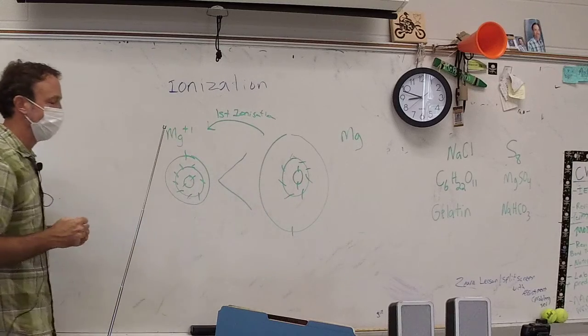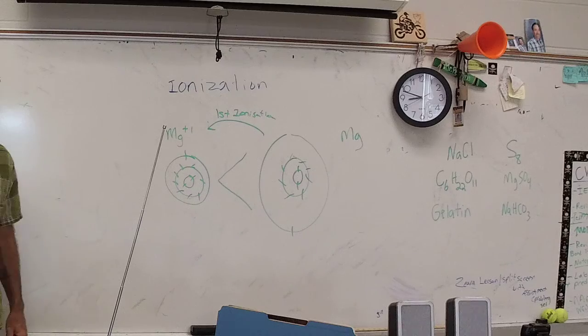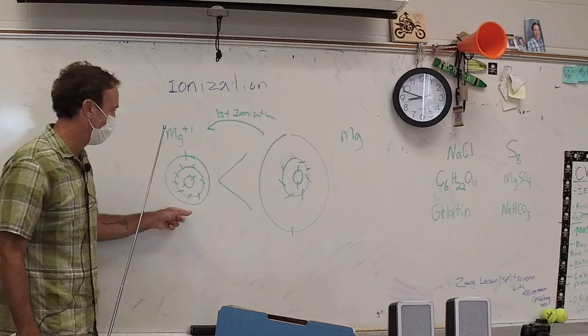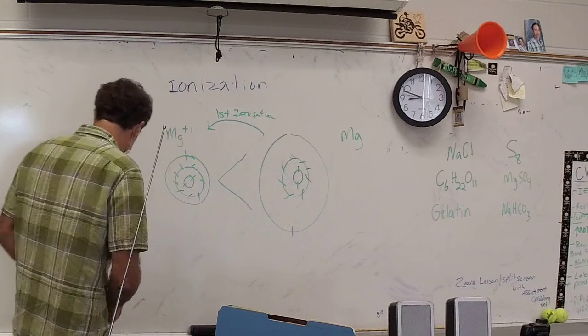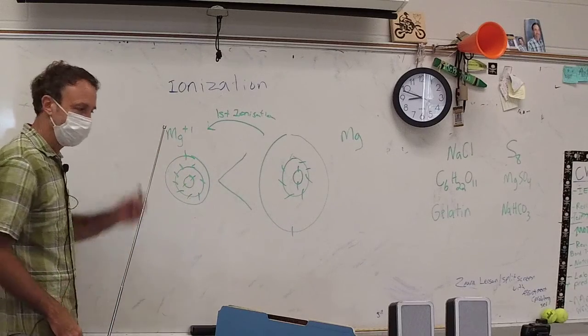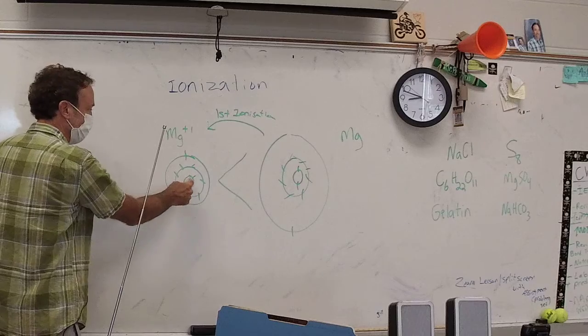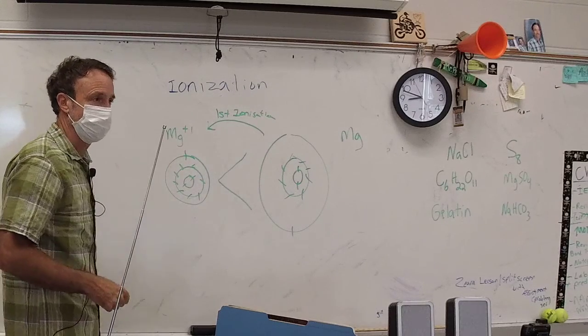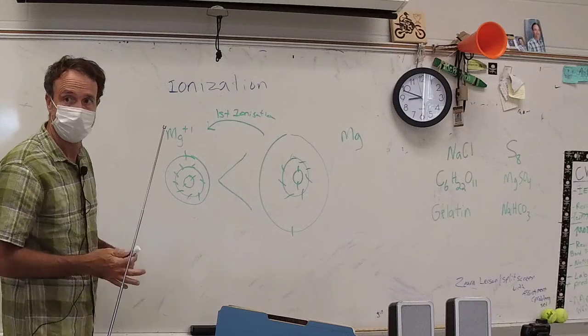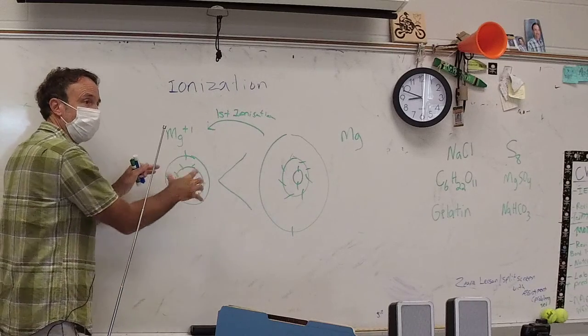After the first ionization, magnesium plus 1 will be a smaller atom than magnesium. The reason is this atom still has all 12 protons in the nucleus, but now it only has 11 electrons. So the electromagnetic pull on each electron is stronger.